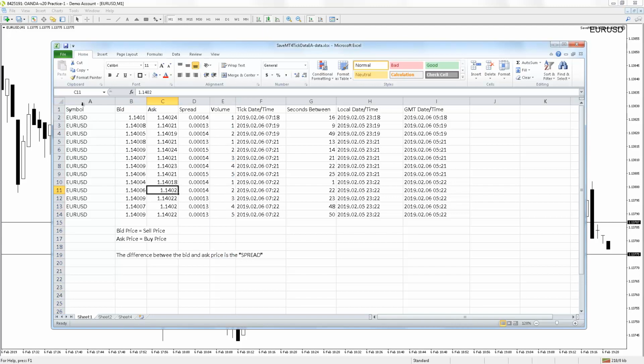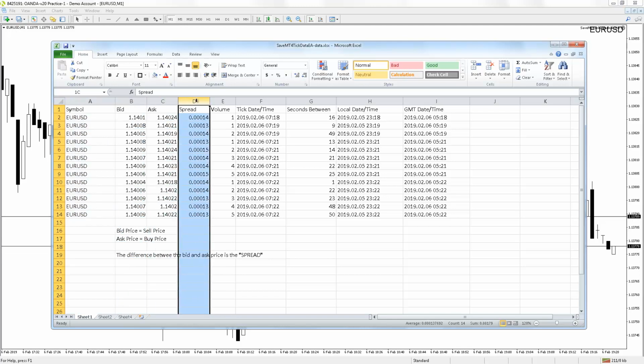So we have the symbols, the price, the pair symbol, the bid price, the ask price, the spread, the volume. We're going to talk about volume because it's really a key point of confusion in the Forex world, because we try to compare it to equities and it's just not the same thing. They're two apples and oranges.